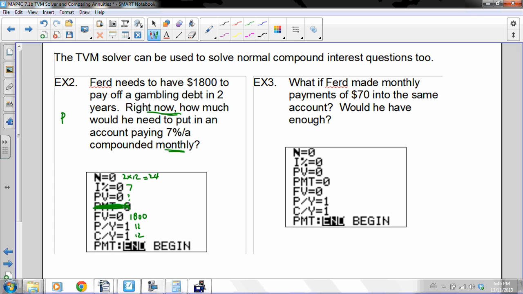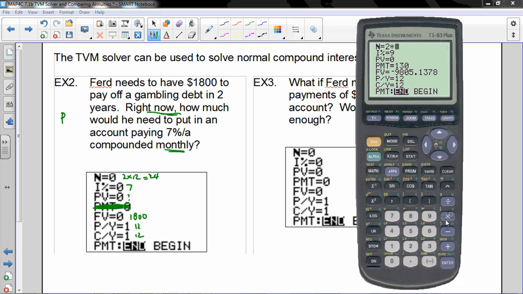So let's do this. And we're going to switch these values here. N is 2 times 12, which is equal to 24. 7%.